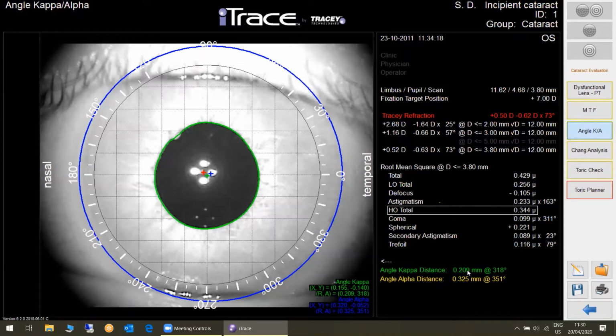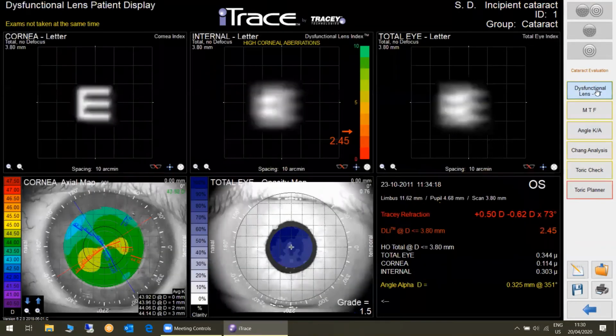Okay? So that's how you're going to use the iTrace. Let's imagine that this patient is sitting in your waiting room, and you have this software on your desk. The system is sitting somewhere. The technician has taken the image. So before you call this patient in, you have never seen it. You say, "Who is this?" Ah, yes, this is a cataract.